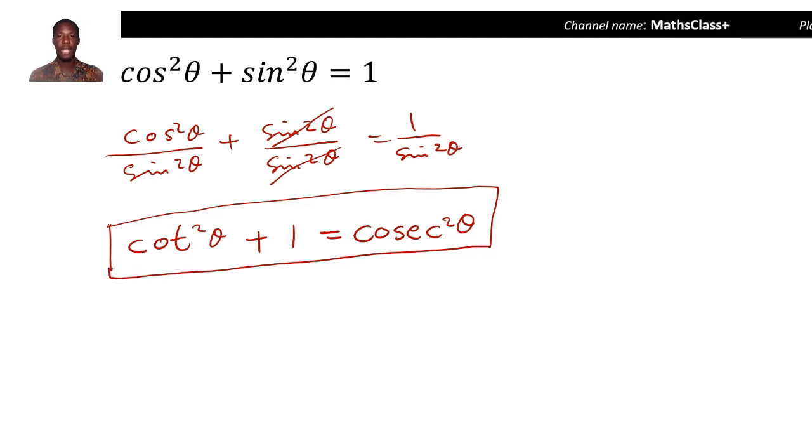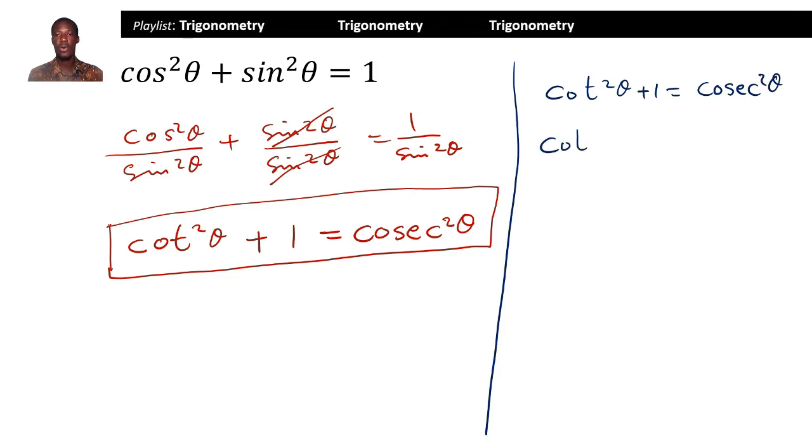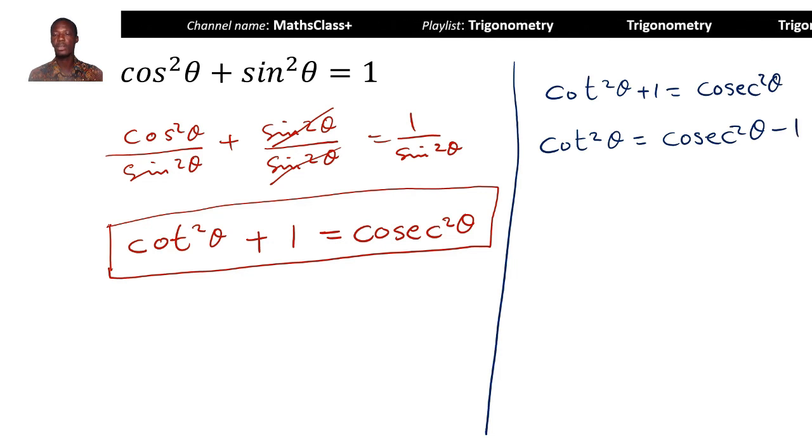Okay, and as usual, this may also appear in different ways. So we have cot squared theta plus 1 is equal to cosec squared theta, and this we can regroup as cot squared theta is equal to cosec squared theta minus 1.